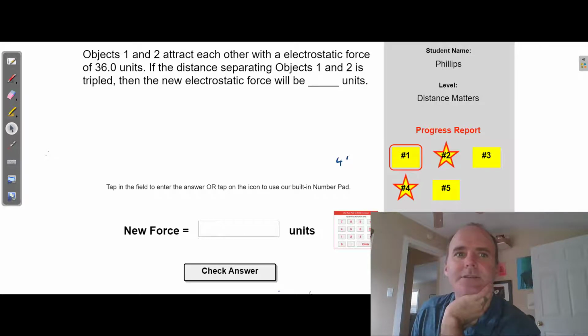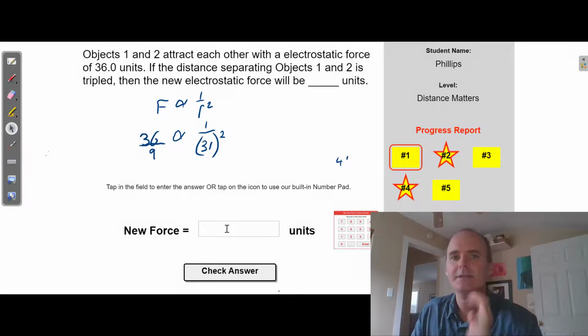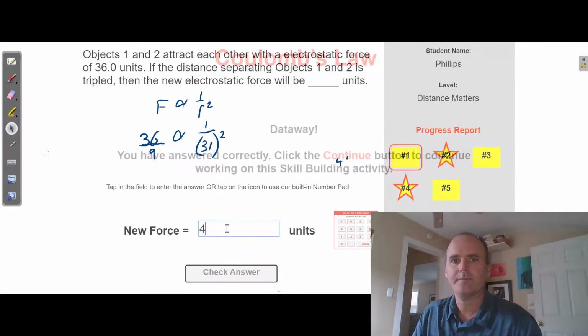If the distance is tripled, then the new electrostatic force will be, so if we have F proportional to 1 over r squared, so if we triple this, really what that's doing is a 3 squared. That means you're dividing both sides by 9. So I'm going to divide that by 9. 36 divided by 9 is 4.